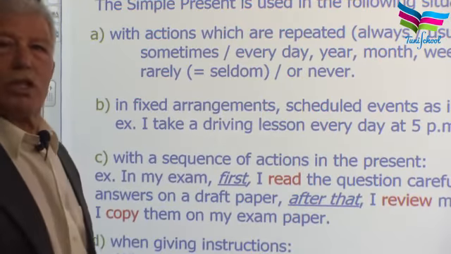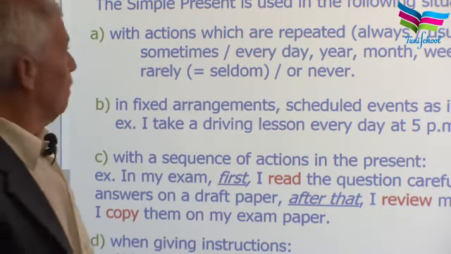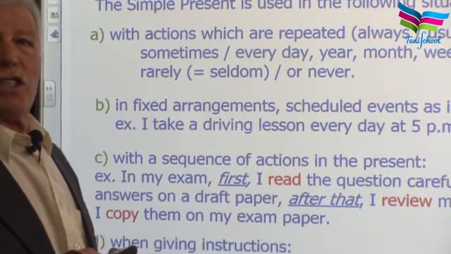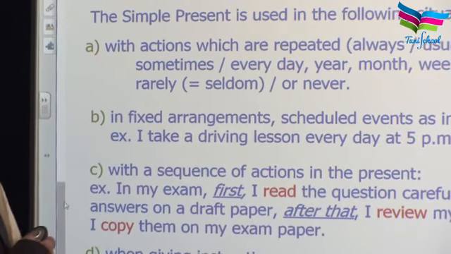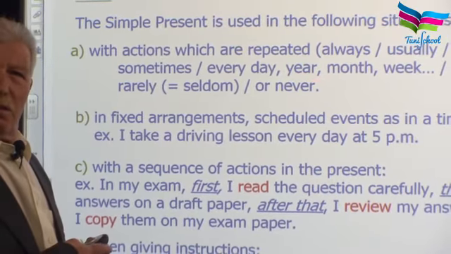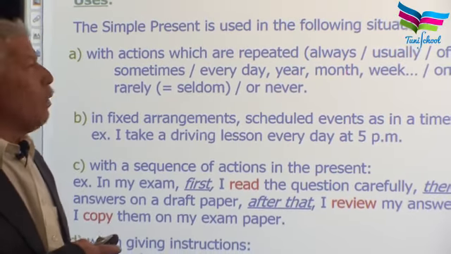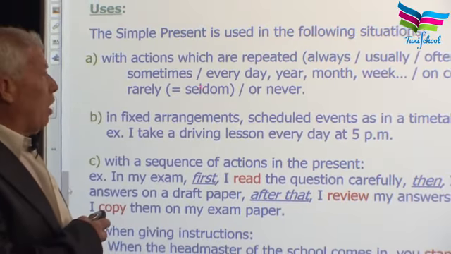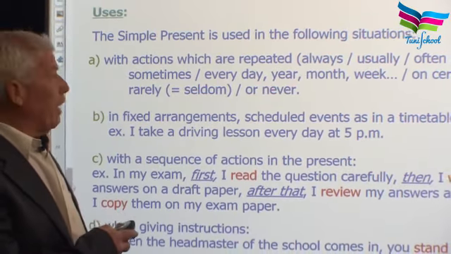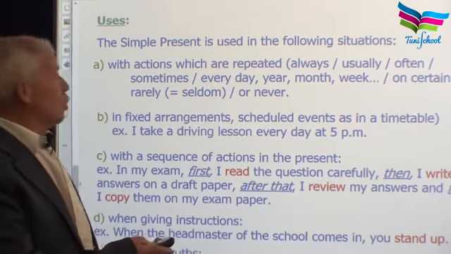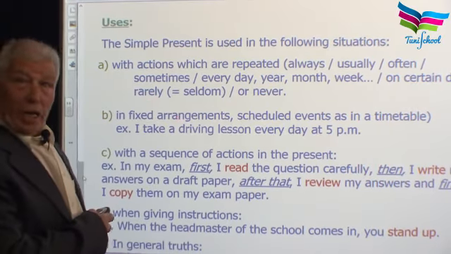When do we use the simple present? The simple present is used in the following situations. Situation number 1, with actions that are repeated. Of course, they can be repeated always, usually, often, sometimes, every day, or every year, or every month, or every week, on certain days, rarely.